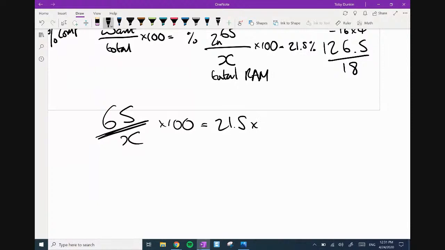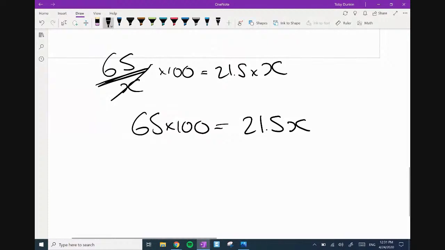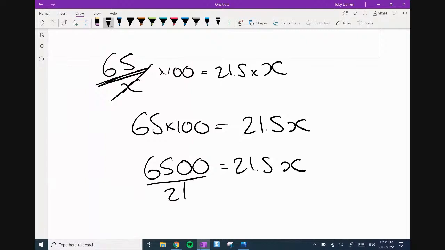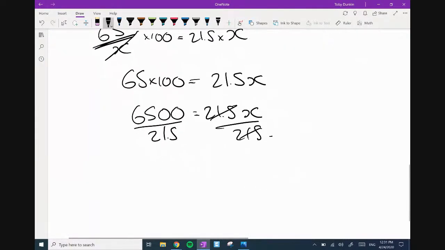Times both sides by X, so that means the X is going to vanish from that side. 65 times 100 equals 21.5X. Times the 100 up, that's easy: 6,500 equals 21.5X. Divide both sides by 21.5, that's going to make that vanish and give me the total value of X. So 6500 divided by 21.5 gives me a value of 302.